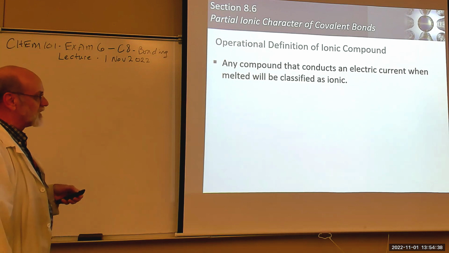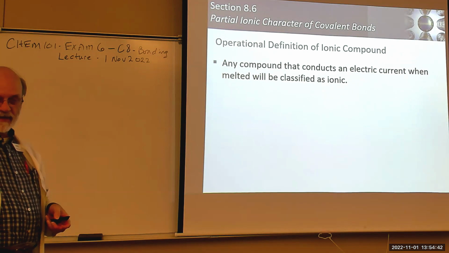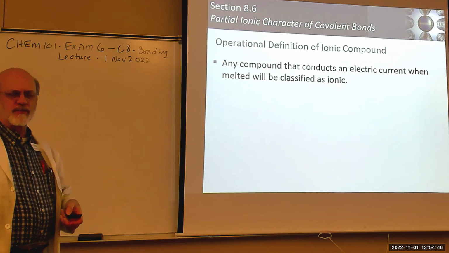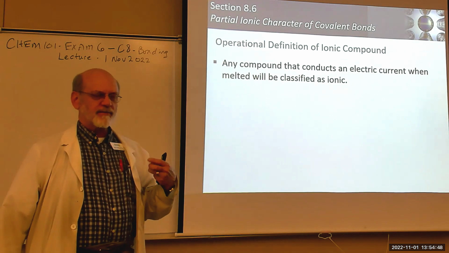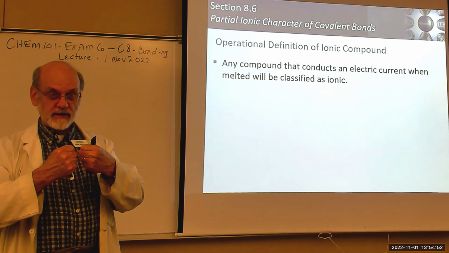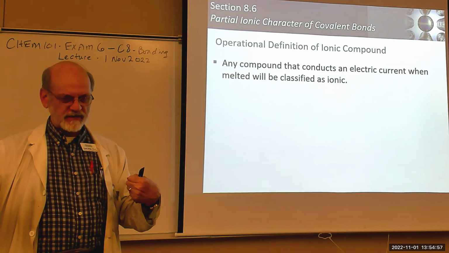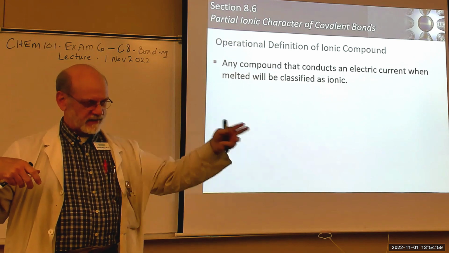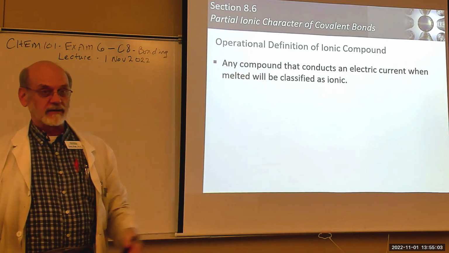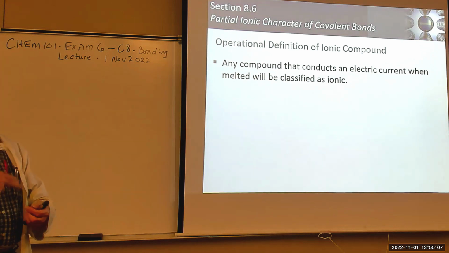Any compound that conducts an electric current when melted will be classified as ionic. Now, I think I've mentioned this before. If an ionic compound is in crystalline form, those ions are locked in place. So if you put a positive pole on this side and a negative pole on that side with a light in the circuit and a battery, the light will not light because those ions have to be mobile to carry the current.